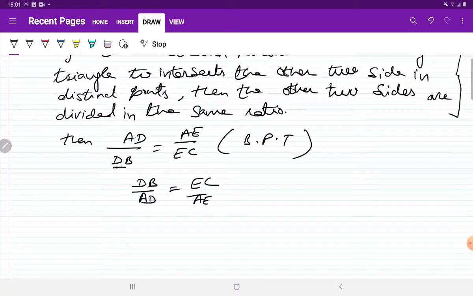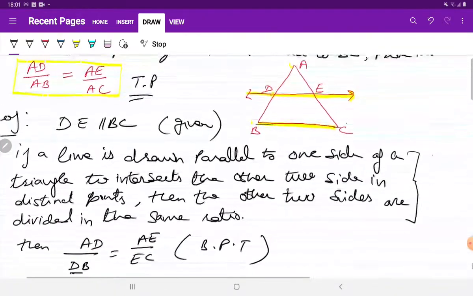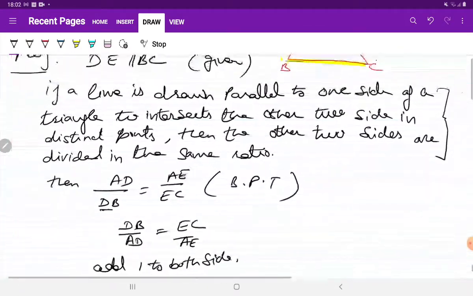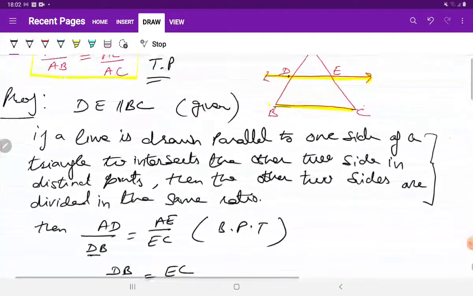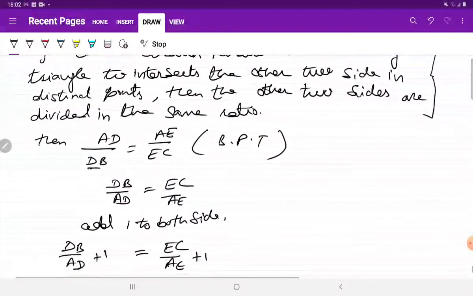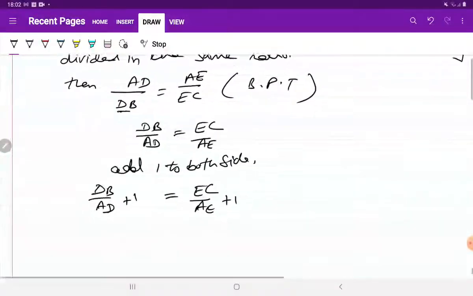Okay, so now what can I do? I can add 1 to both sides. So DB upon AD plus 1 is equal to EC upon AE plus 1. Come to your diagram. What do I have? DB upon AD is equal to EC upon AE. Now I am adding 1 to both sides.